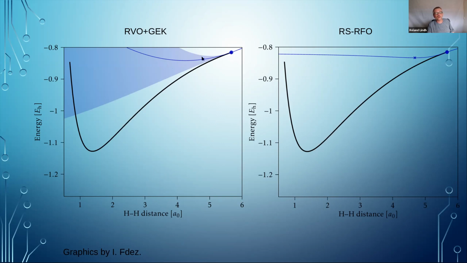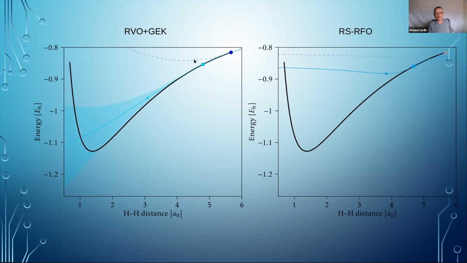Here we also have this darker blue area. It displays the variance. In both cases, we start at this point, and both of them suggest that the next point should be over here.